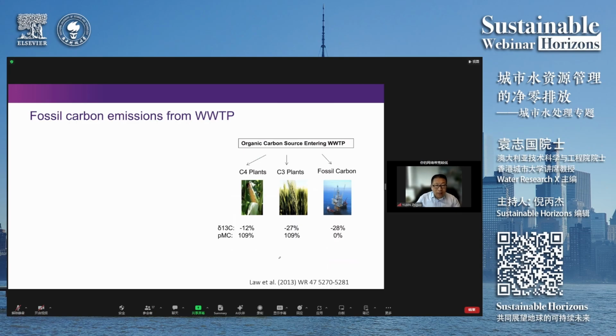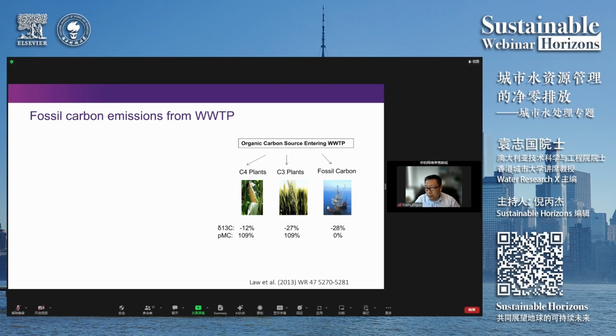Now, the last part of the emission from the treatment plant itself is the fossil carbon emission. As I said, the majority of the carbon in wastewater has biogenic sources. Basically, it is from food and from plants, and therefore, when we convert that into CO2, that's not regarded as direct emission because of the short cycle of carbon.